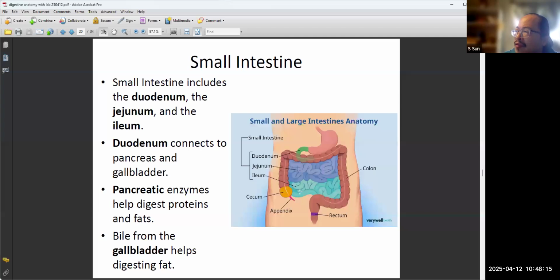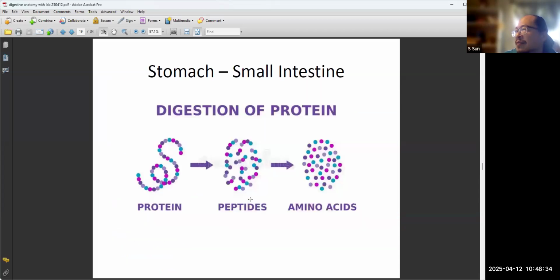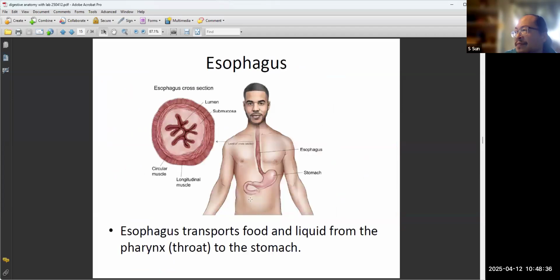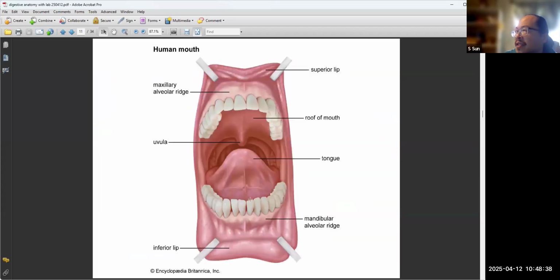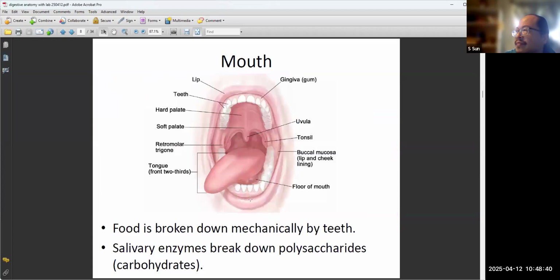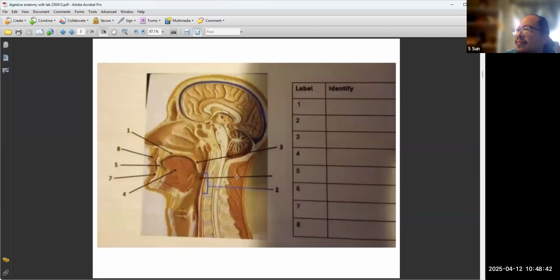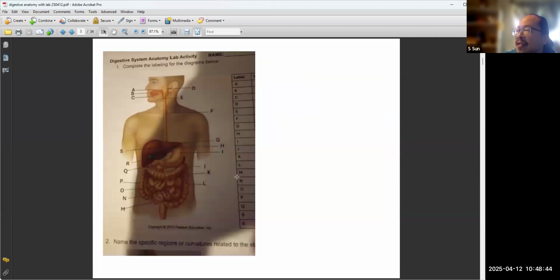Then the small intestine will continue with the large intestine. The large intestine begins as cecum, C-E-C-U-M, then moving toward the colon. So let's look at the small intestine and the large intestine. Go back to this one. Where is it? This one here.